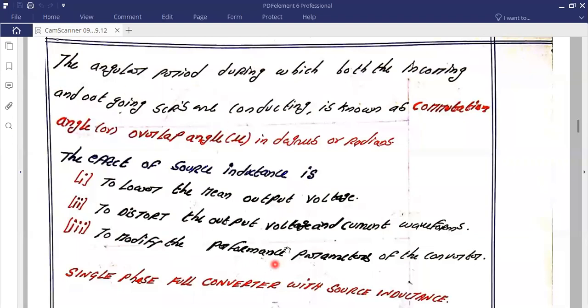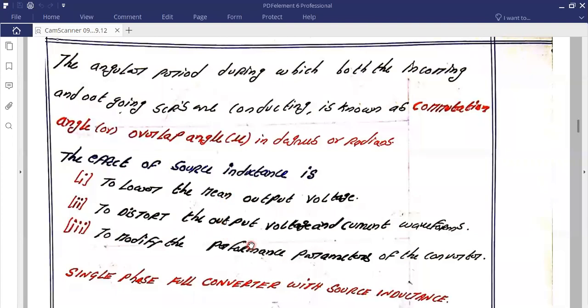Okay, so have you copied this? First effect is reduction in the output voltage.